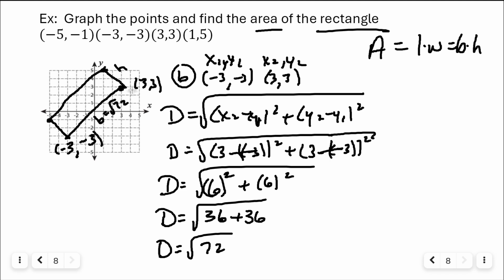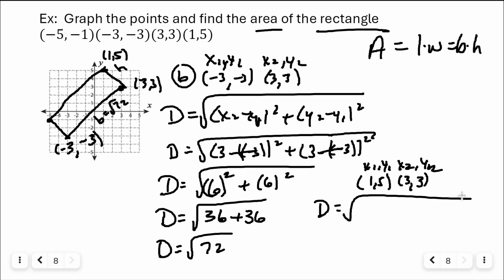Now for the other side, 3, 3, and we have to use 1, 5. All right, so let me come over here. Let's see if I can fit it. We got 1, 5 and 3, 3. x1, y1, x2, y2. Okay, I'm not going to write the formula down. I'm just going to plug the numbers in because I'm running out of room.